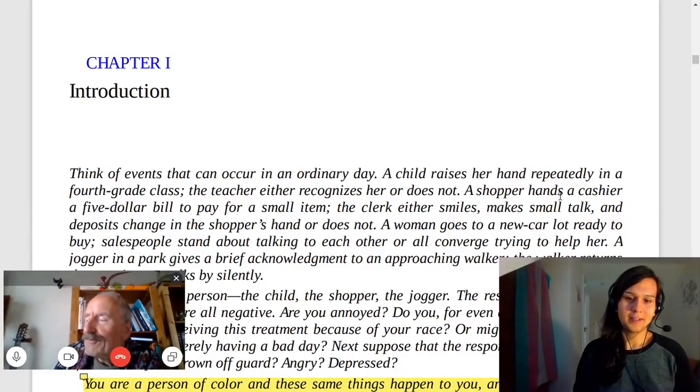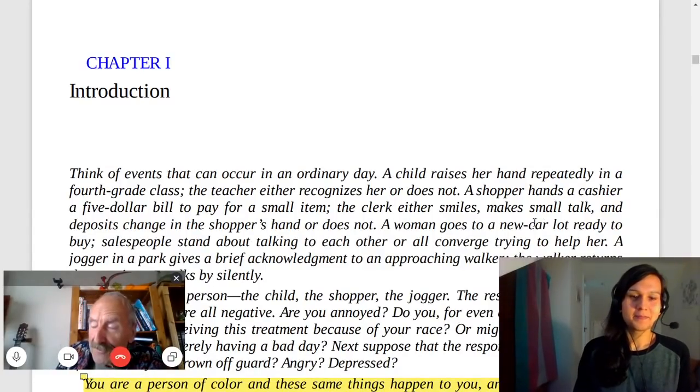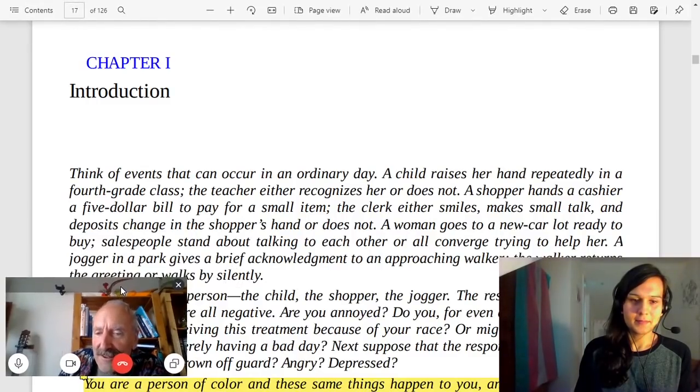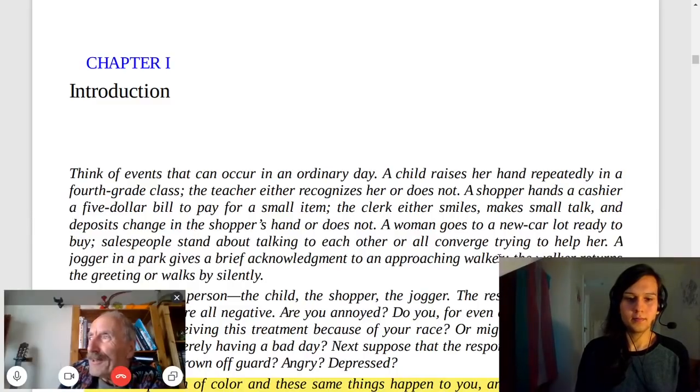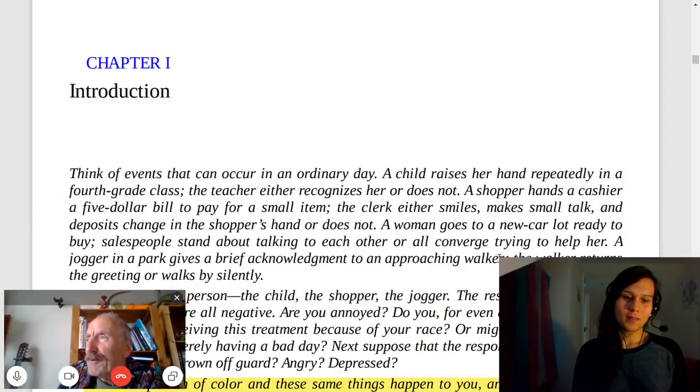It's a series of anecdotes, or hypothetical anecdotes, I should say, and it starts off in a very misleading way, because often white people and black people have different body language, they use language differently, they often have different types of behavior.